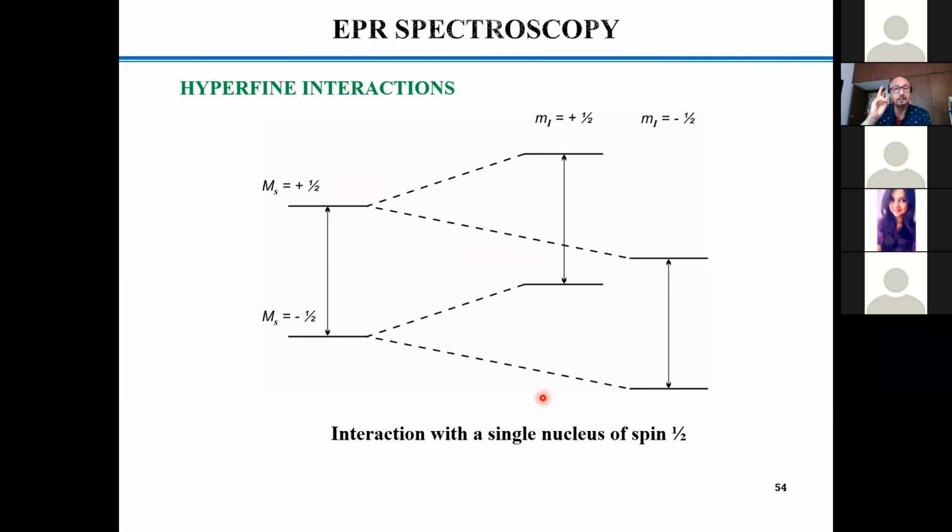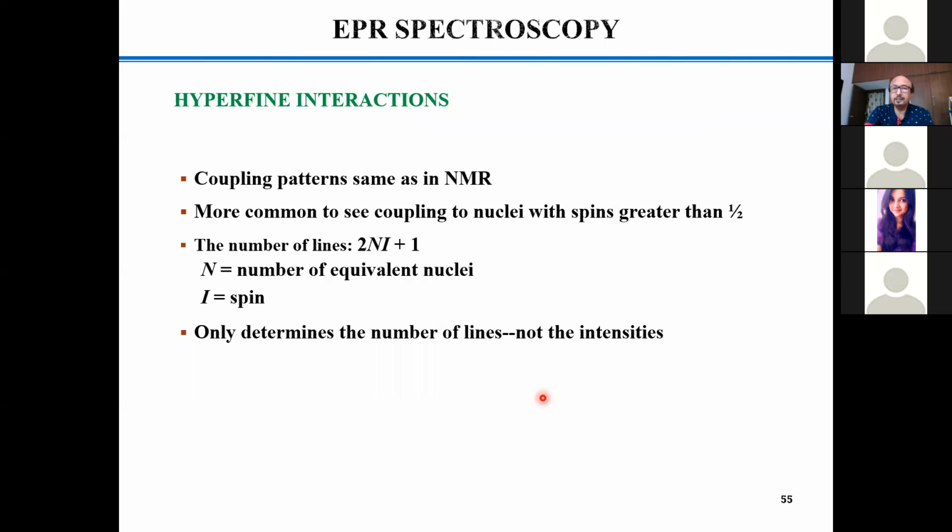Don't forget it, whether you are dealing with an organic molecule or metal complexes. The parameters are more or less the same. Your number of lines is 2nI plus 1 times 2mI plus 1, and so on. So there won't be much difference. Principle-wise, you need not be worried. This is how you should continue.